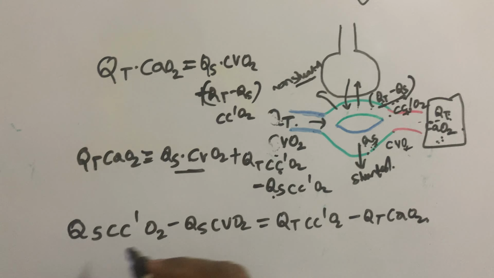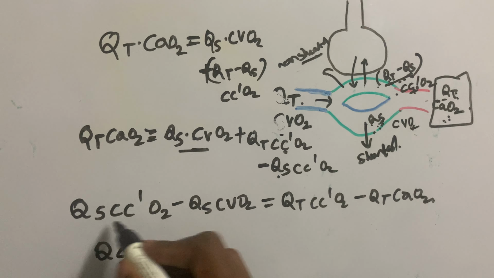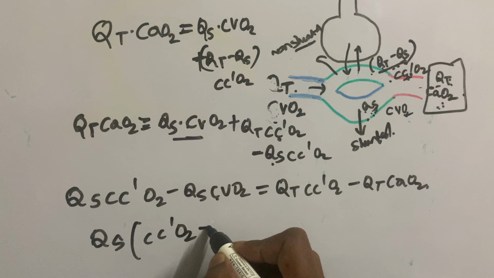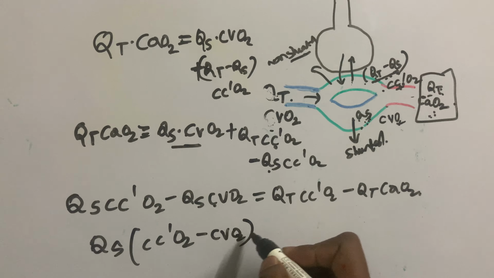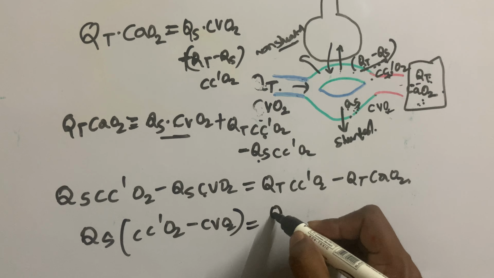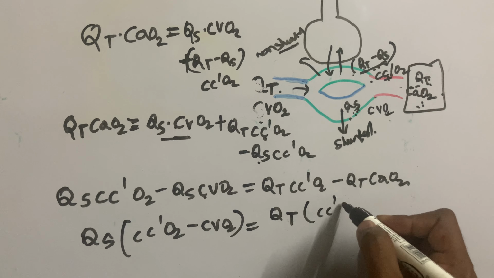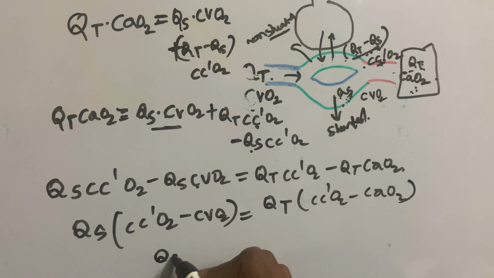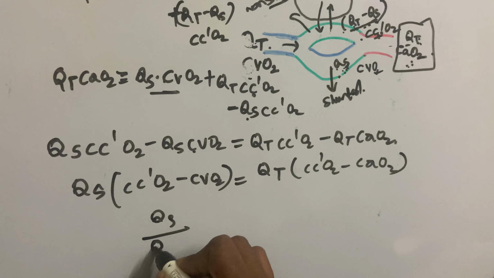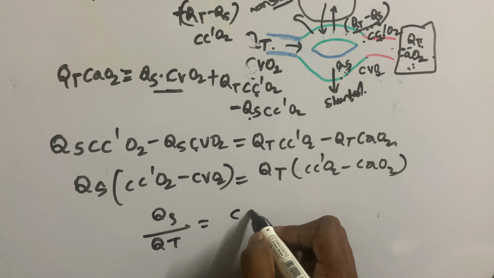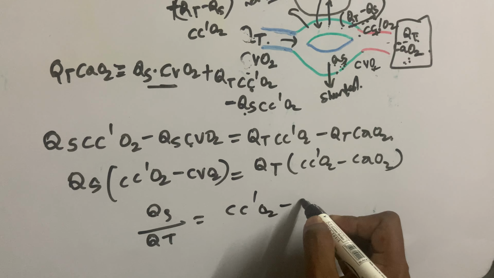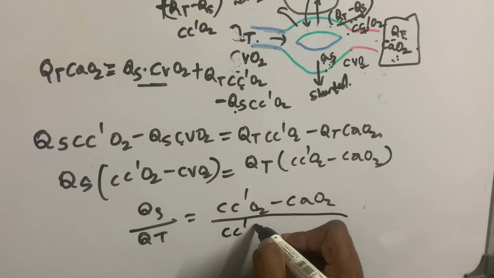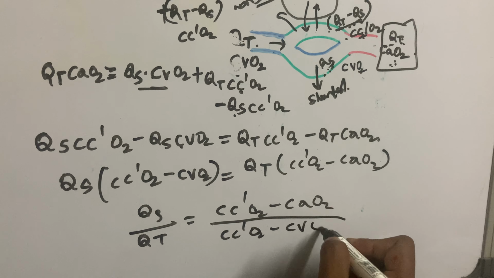Take Qs as common on one side: Qs times (C dash O2 minus CvO2), equal to Qt times (C dash O2 minus CaO2). So Qs by Qt, the shunted fraction, is equal to C dash O2 minus CaO2 divided by C dash O2 minus CvO2.